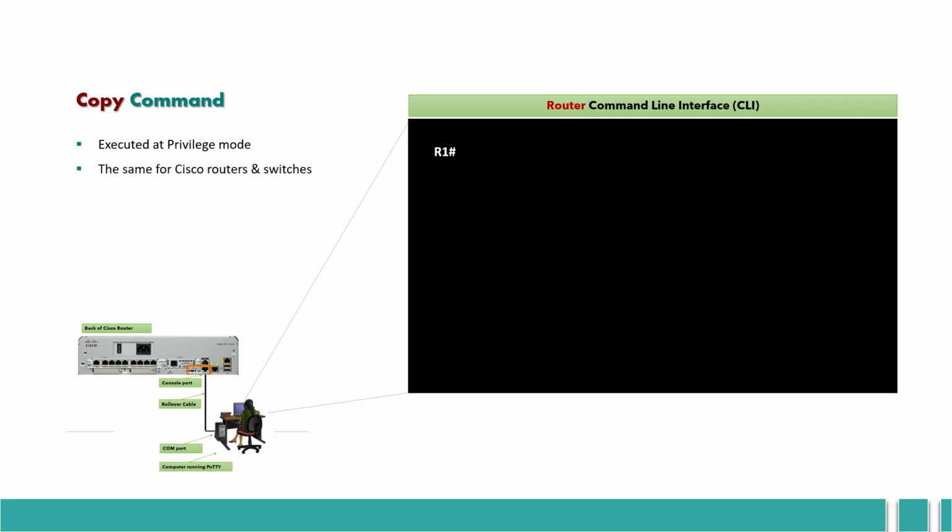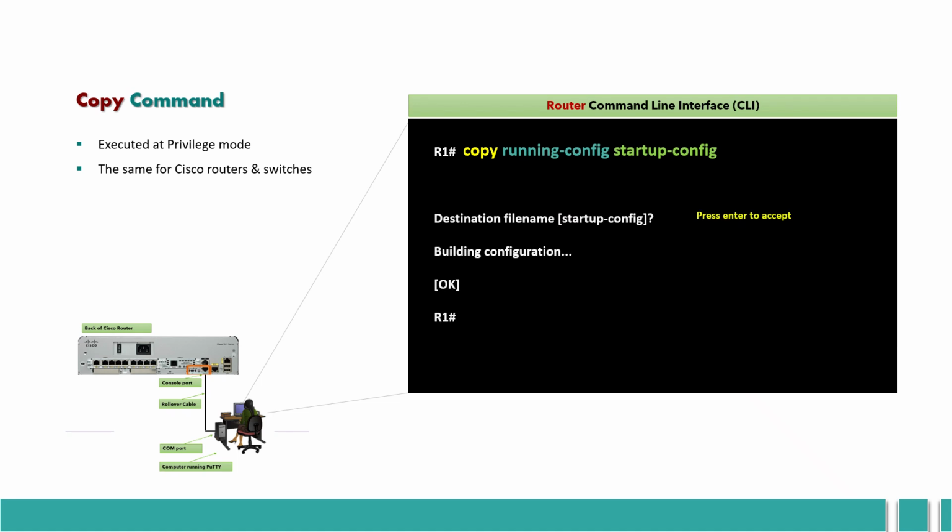For example, if you type copy space running-config space startup-config and press enter, you're going to copy the content of the running config into a startup config. Running config is located in RAM. The startup config is located in NVRAM. This way, you're going to retain the configuration that you have made during reboot of your device.